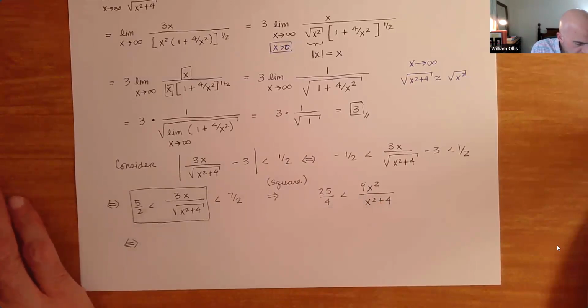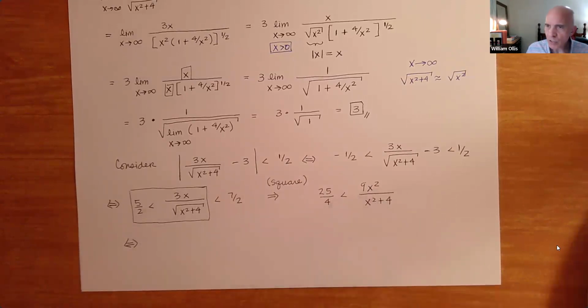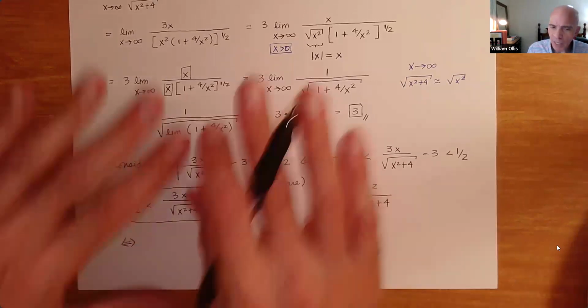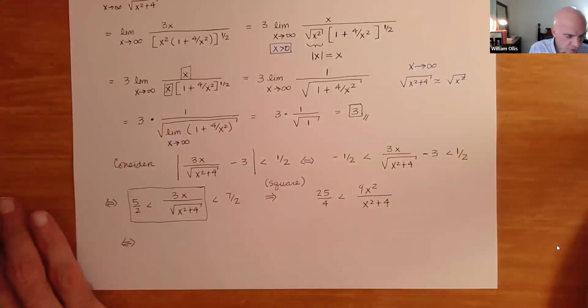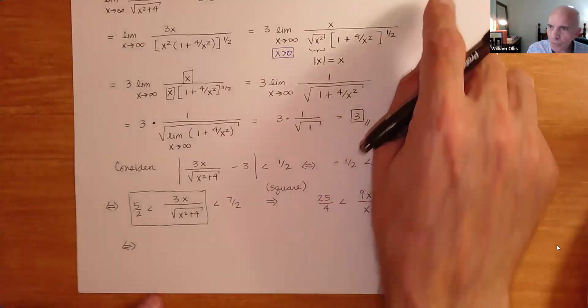Now what's interesting about all of this, and when you think about it, is that we are not trying to manipulate what we have. We're simply trying to do this in a way that involves a number that will work.